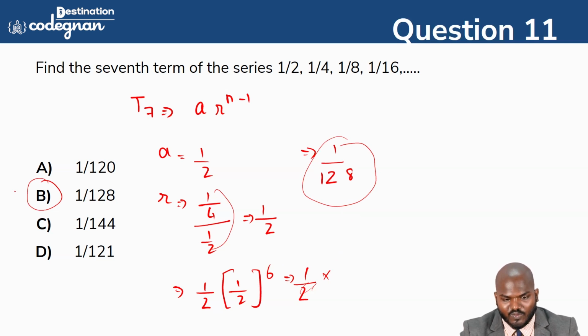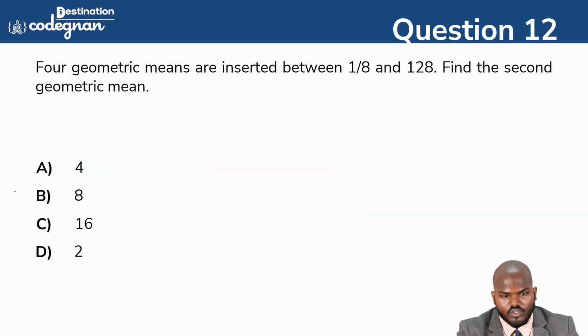That is the 12th one. 4 geometric means are inserted between 1 over 8 and 128. They are asking for the second geometric mean. How can we find this?